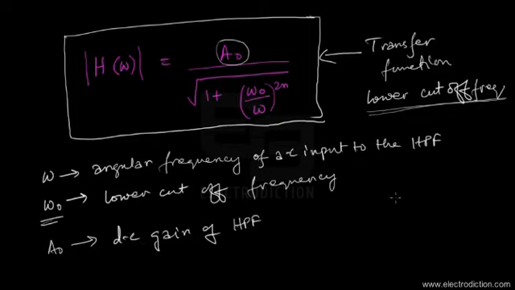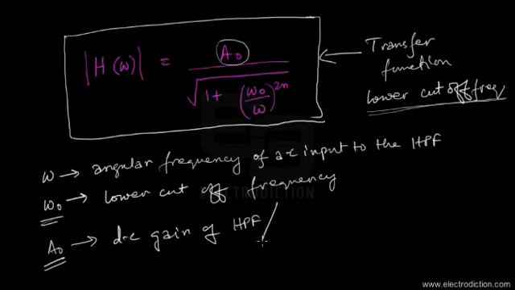So whenever we're not applying any input AC signal to the high pass filter circuit concerned, then the maximum amount of gain that the filter circuit can produce is referred to as a0. That's why we just call it the DC gain.